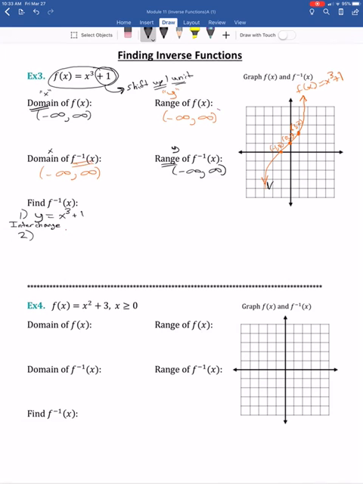If we're trying to produce the inverse function, we're going to have to interchange x and y, which is the inverse relationship. So we've got our relation between x and y. Well, now we're going to swap that out. So y becomes x, and x becomes y in the inverse relation.